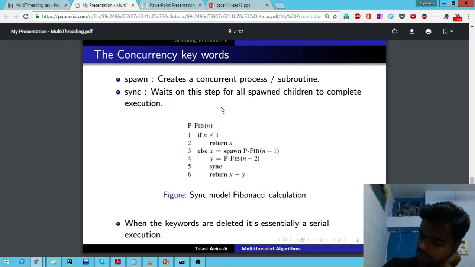Now what happens at n equal to 3? It spawns a thread for n equal to 2. And what does n equal to 2 do? It spawns another thread for n equal to 1, but n equal to 1 returns immediately. It also calls another function, n equal to 0, which also returns.